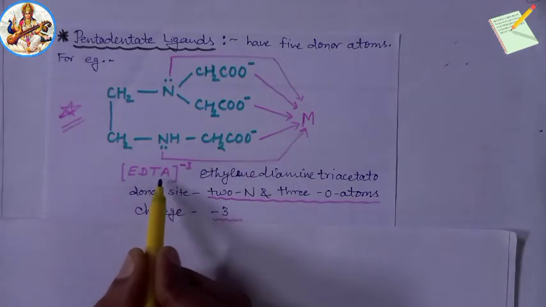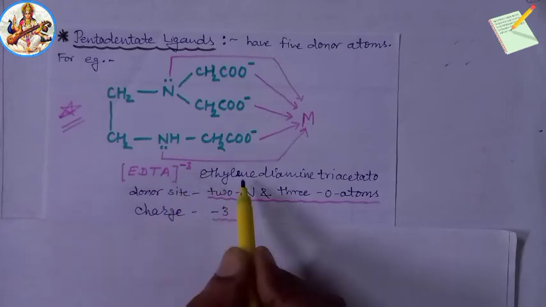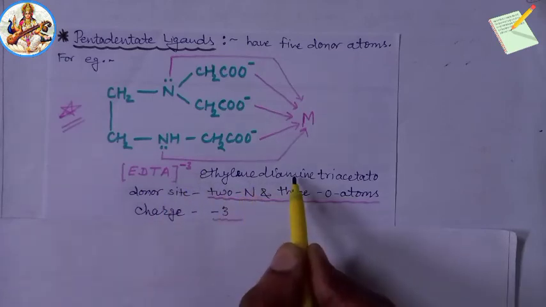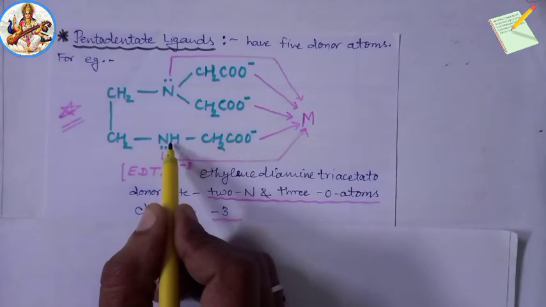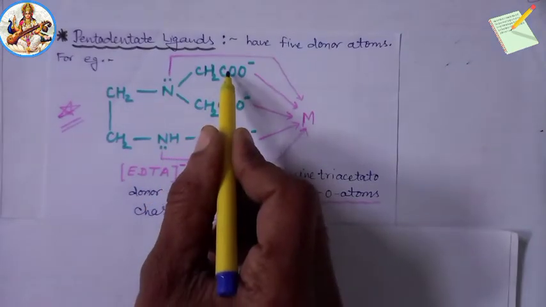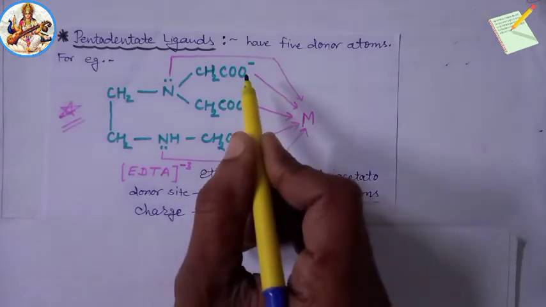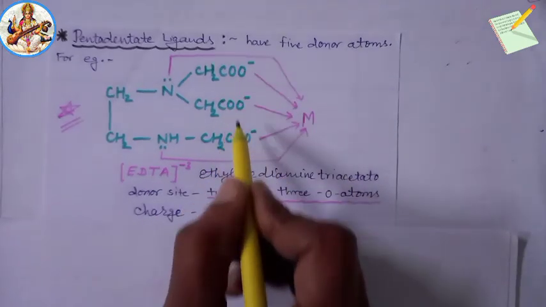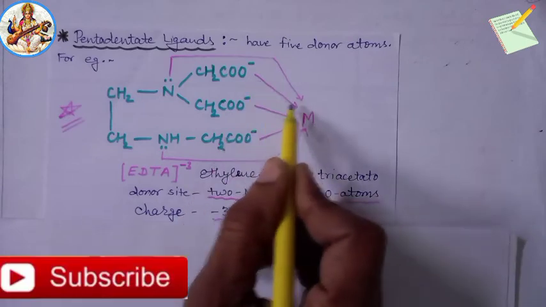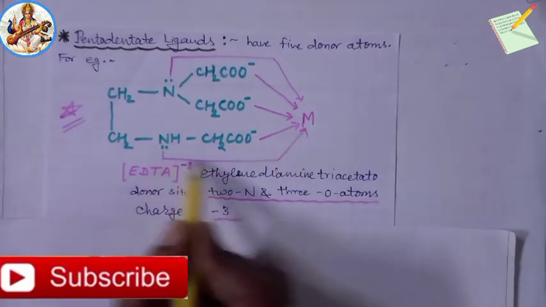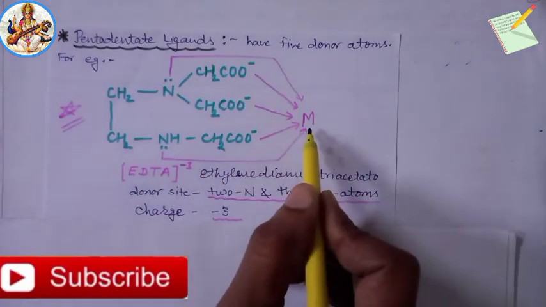And the full name of EDTA 3- is ethylene diamine triacetate. Here donor sites are 3 oxygen atoms and 2 nitrogen atoms.